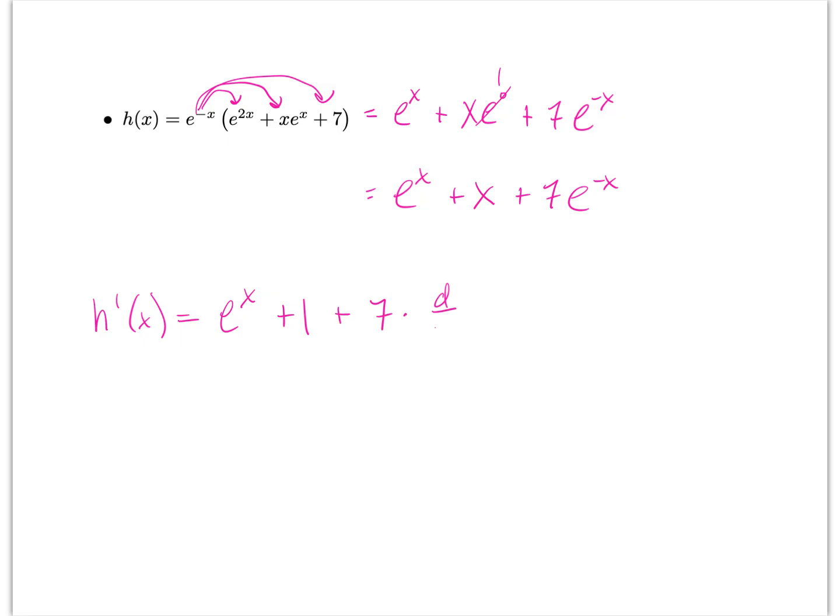And then I'm going to take the derivative of the function e to the negative x. And this problem we actually just solved in the previous example, and it came out to negative e to the negative x. So this final derivative is going to be e to the x plus 1 minus 7e to the negative x.